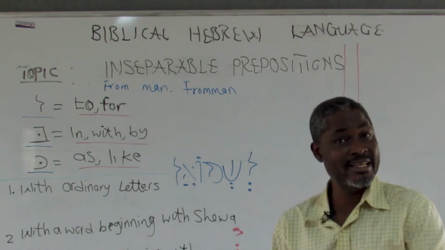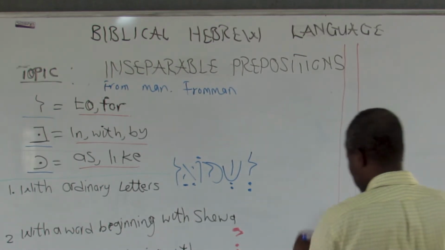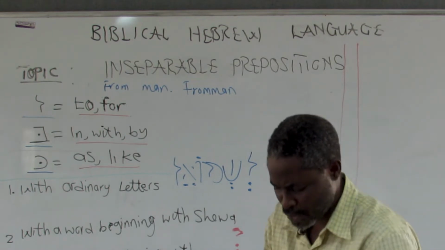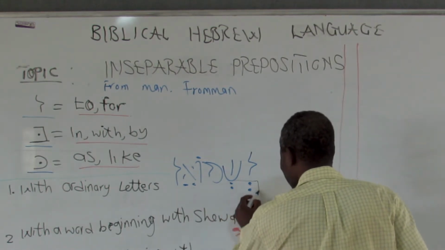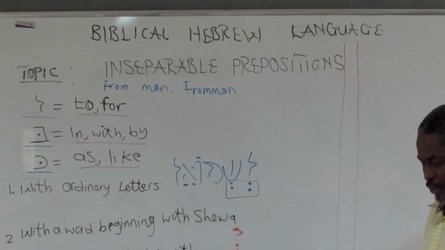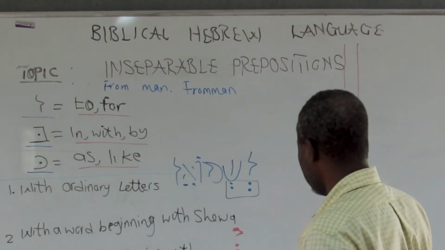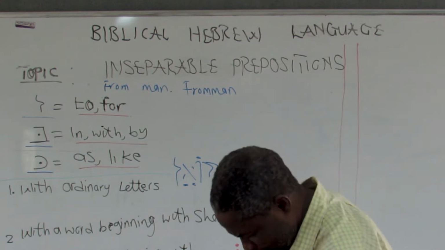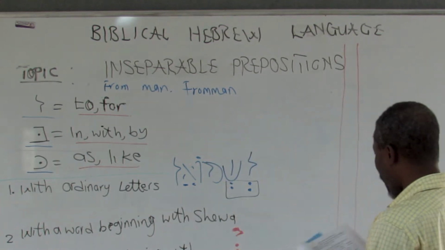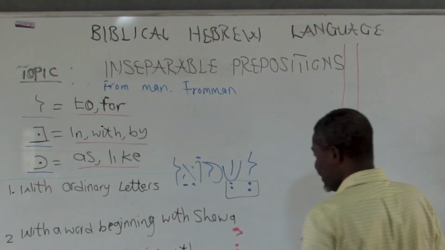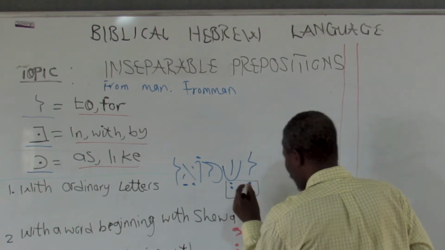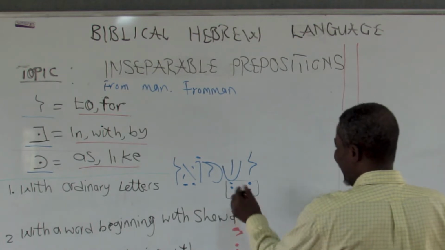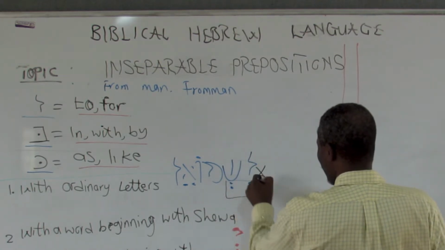But the principle in Hebrew is that two simple shewas cannot follow together. You cannot have two shewas together. So you have to drop one of the pointings under the lamed. Now, this is wrong, this cannot be.